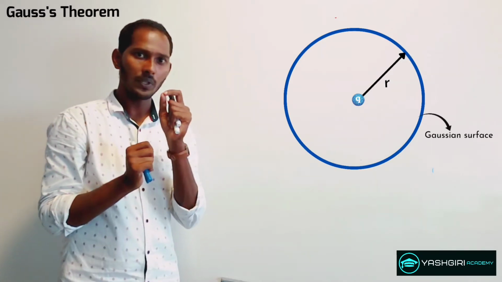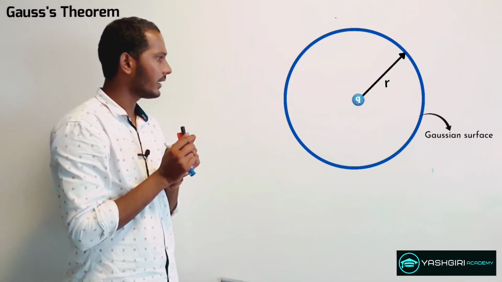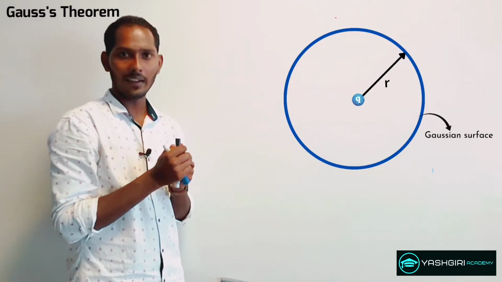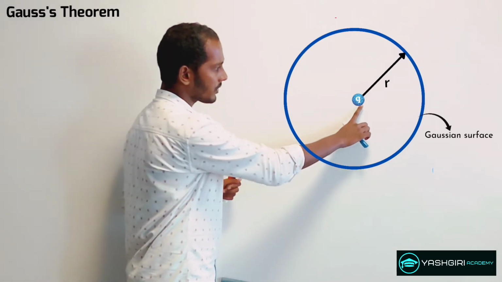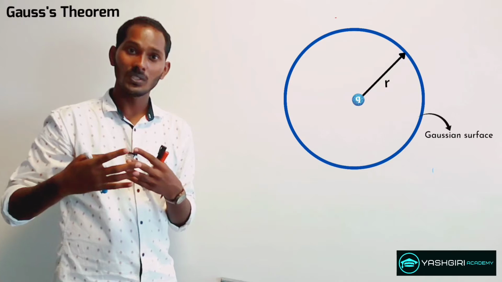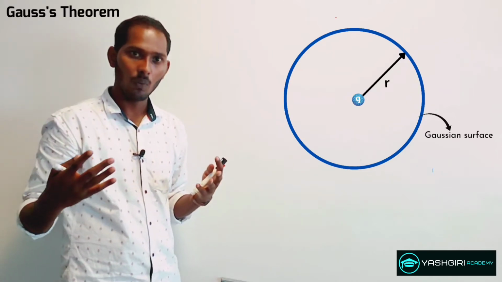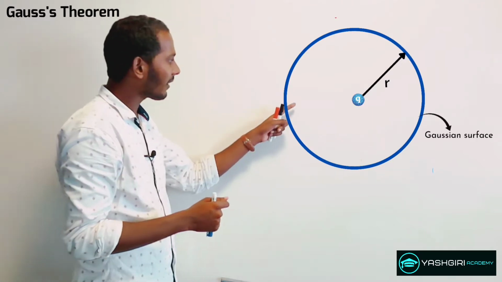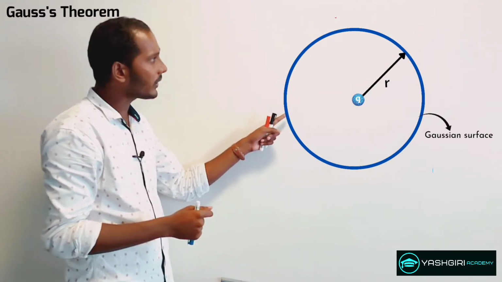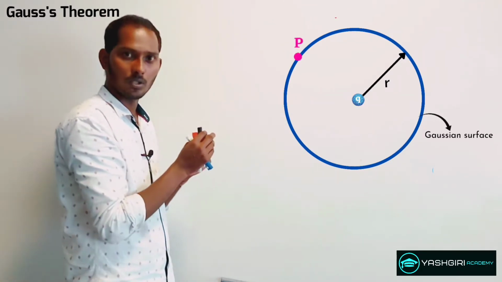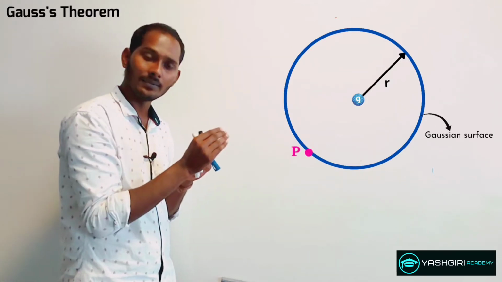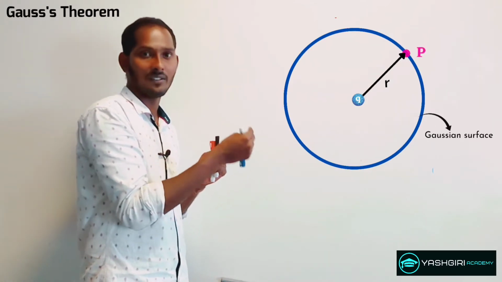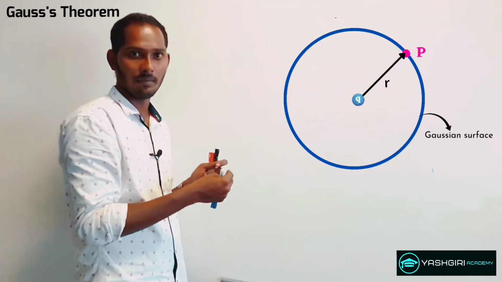Now all that we know is that the magnitude of the electric field due to this positive charge shows spherical symmetry, which means that if you calculate the electric field at any point on the surface of that hollow sphere, you will get the same electric field strength.